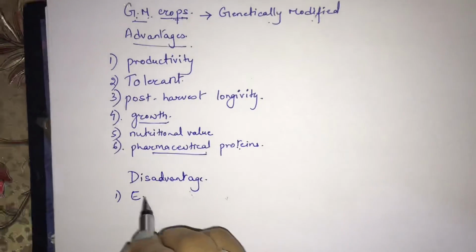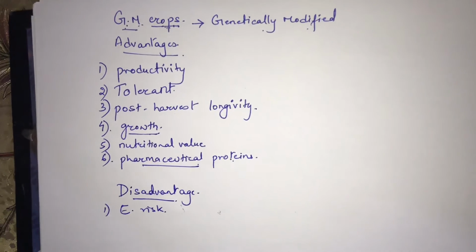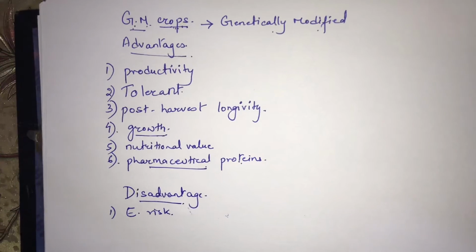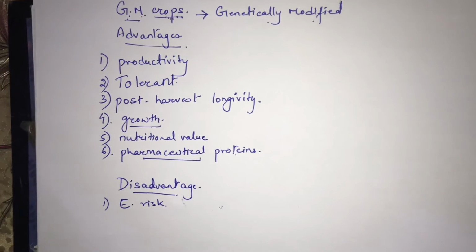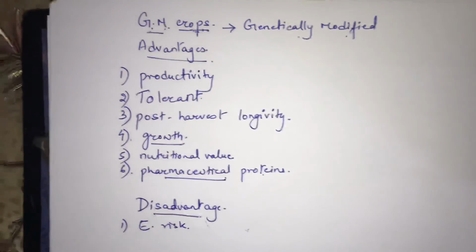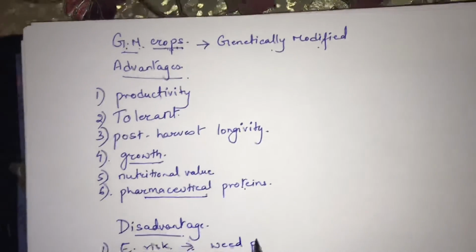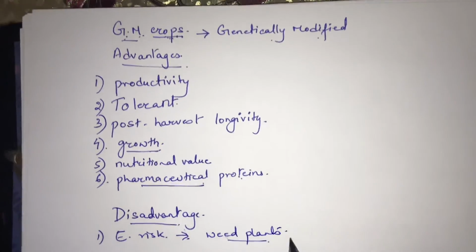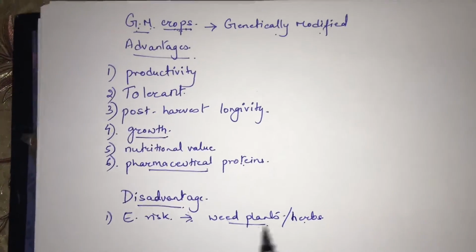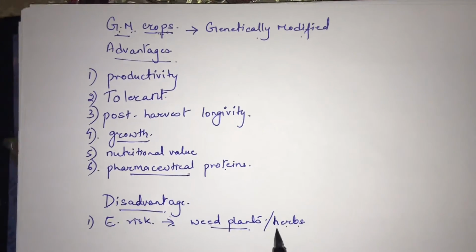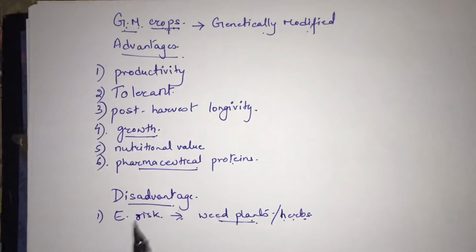Now, a genetically modified crop with a herbicide tolerant gene can tolerate herbicides. Even if there are lots of herbs and weeds, it can tolerate that and grow to its optimum level.